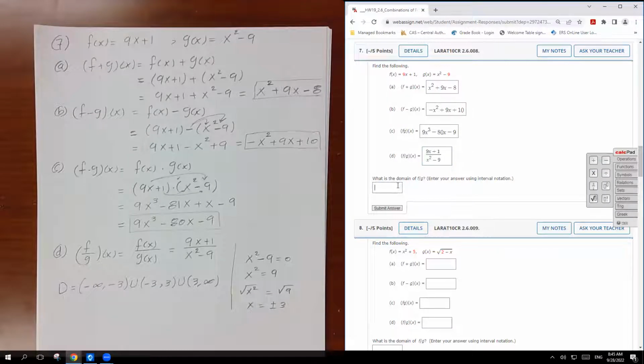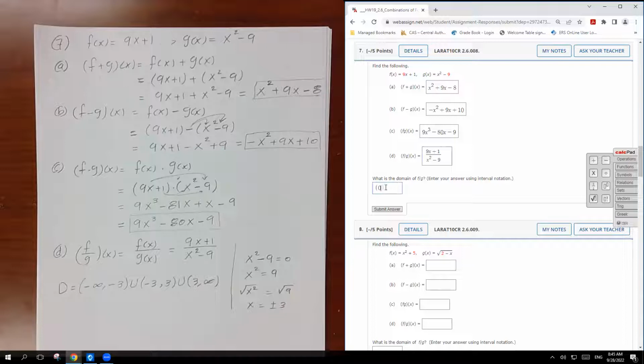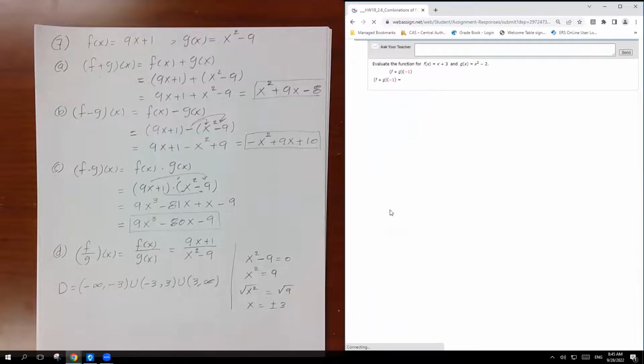And the domain is going to be from negative infinity, comma, negative 3, union with the sets. Here is the union, another two parentheses from negative 3, comma, to 3, and another union, another two parentheses from 3 to infinity. That's it for this question.